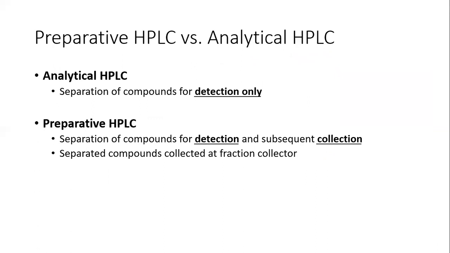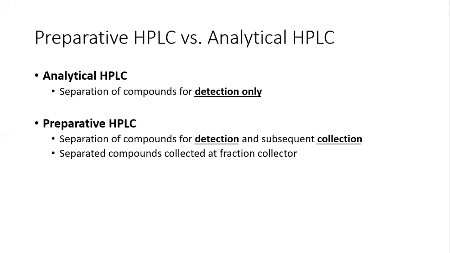So you could classify your HPLC method either as a preparative HPLC or analytical HPLC. In an analytical HPLC method, you just separate the compounds for the purposes of detection and quantification. However, you could also use preparative HPLC.